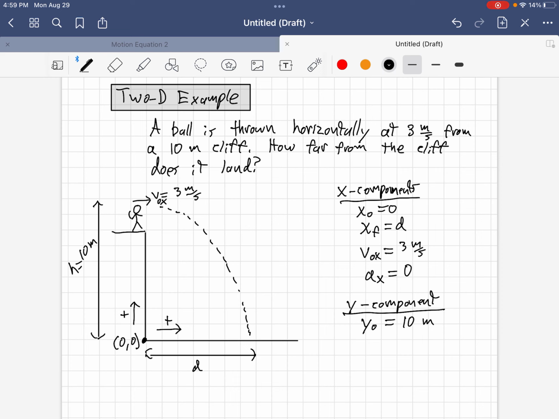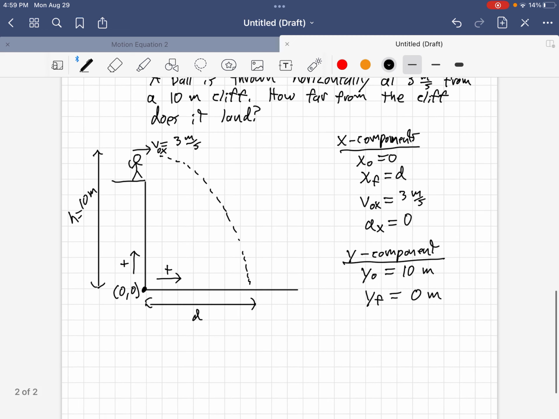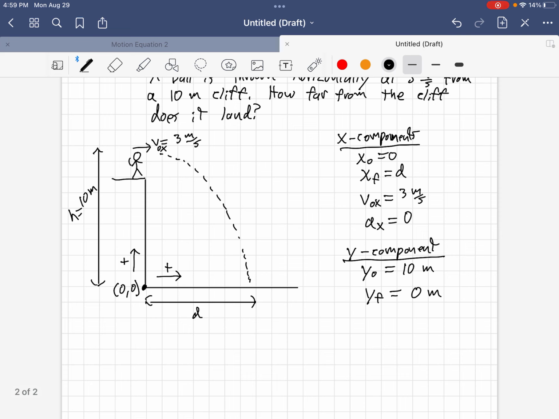And what's our final y position? When we hit the ground, right? So we're going to be at 0 meters elevation. And what's our initial y velocity? Vy naught. It's going to be 0.